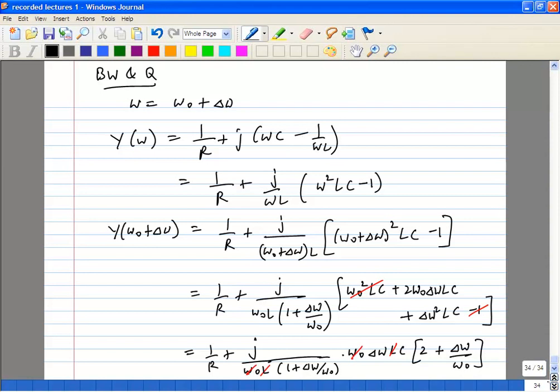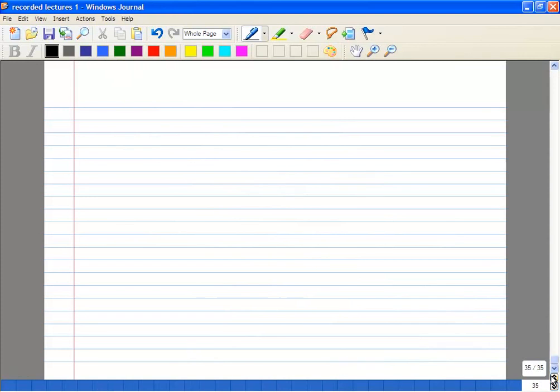And then what is 1 over 1 plus x? When x is very small, it's 1 minus x. So we're going to take this term to the numerator. R plus j. So what do we have left over?